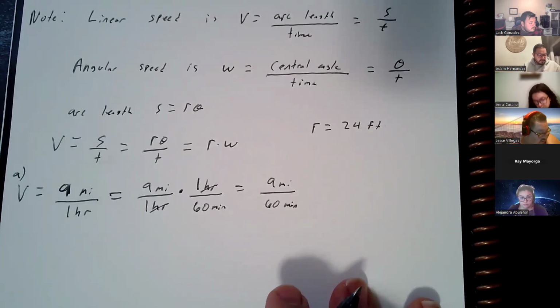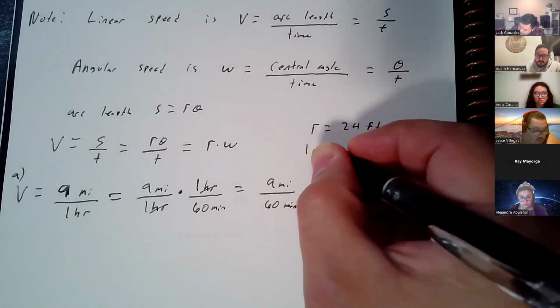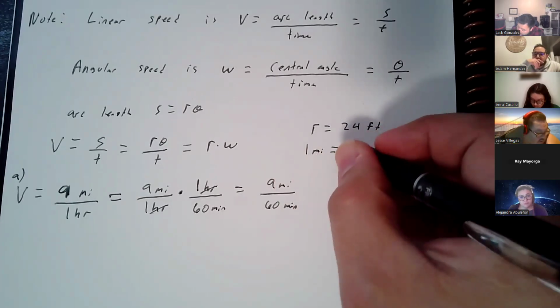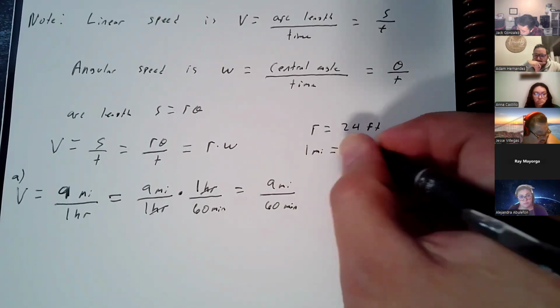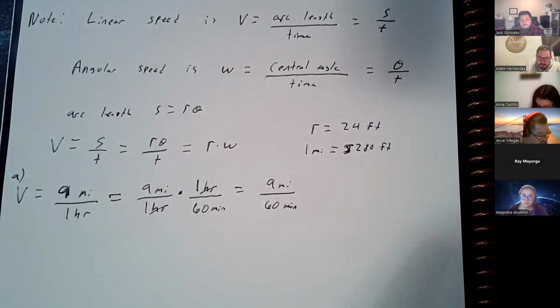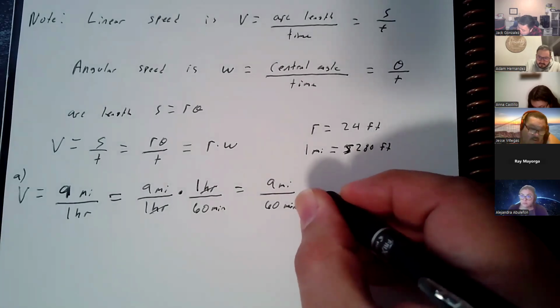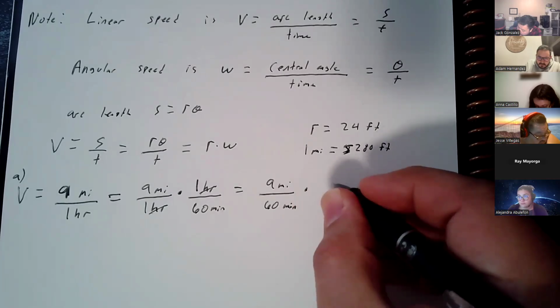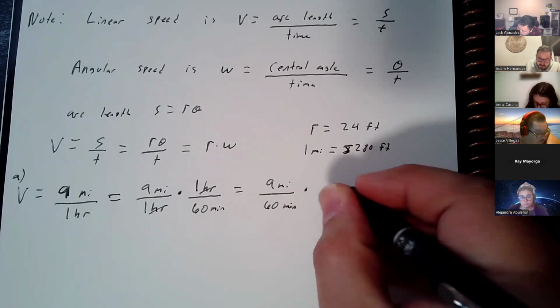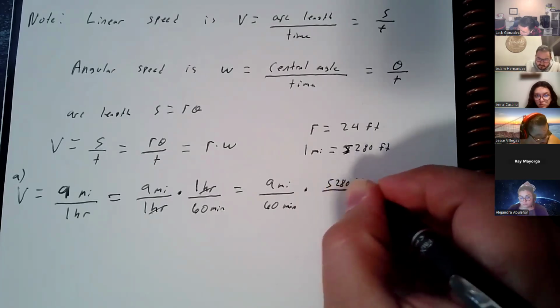The question itself said to use that 1 mile is equal to 5,280 feet. So multiplied by another form of 1, I'm going to multiply by 5,280 feet for 1 mile.